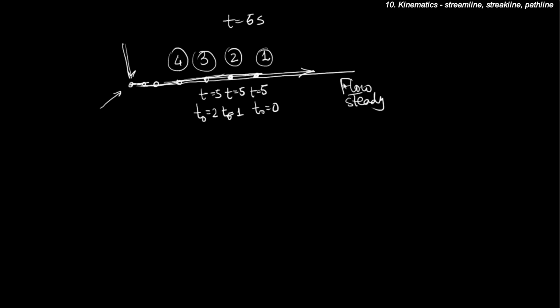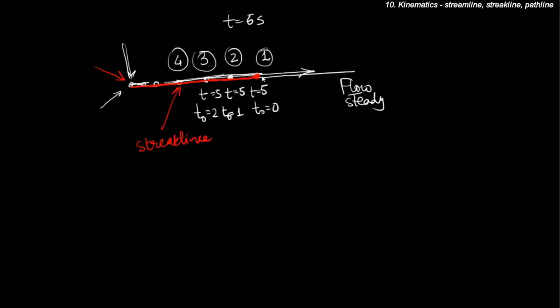And if they are lying on the same streamline, the locus of all the points injected from this particular point at all successive times prior to the snapshot will also lie on this particular line, and hence this is going to be the streak line. The red colored line is going to be the streak line.